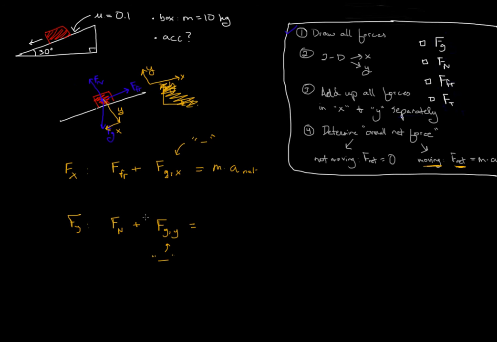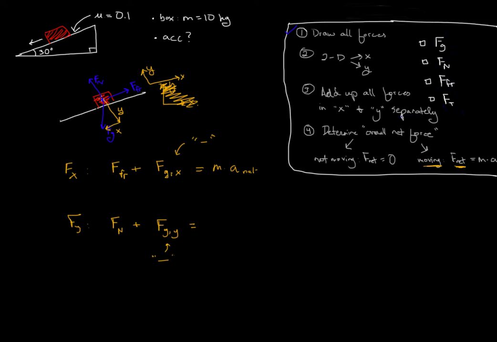So what is the overall net force in the y direction? We have to ask ourselves, are we moving or are we not moving in the y direction? And in the y direction, we're not actually moving, right? Because we are moving along the x-axis, but along the y-axis, we're always at the same y level because we're always on the ground. We're not flying off the incline. We're not sinking into the incline.